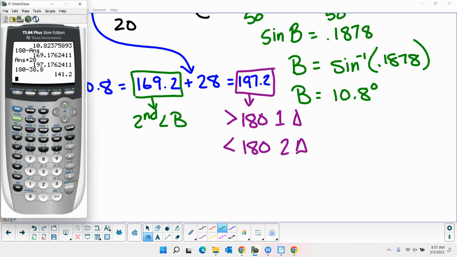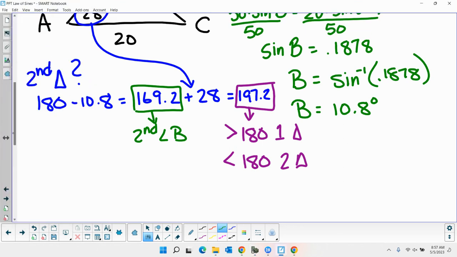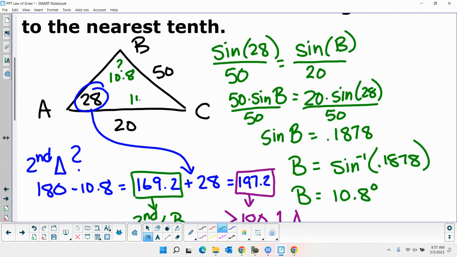That's my missing angle C. So these three angles add up to 180 now. So what do I have to do to finish solving that triangle? What is missing? Side AB, which is side C we call it, right?